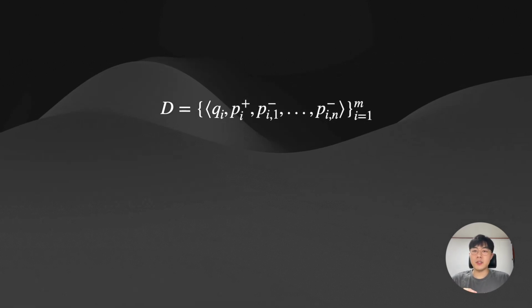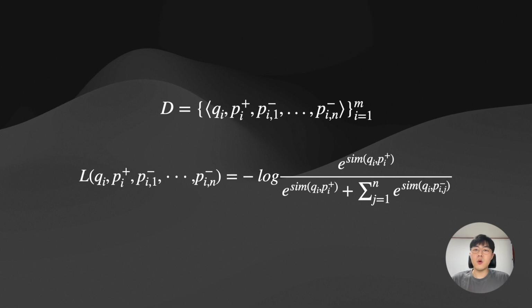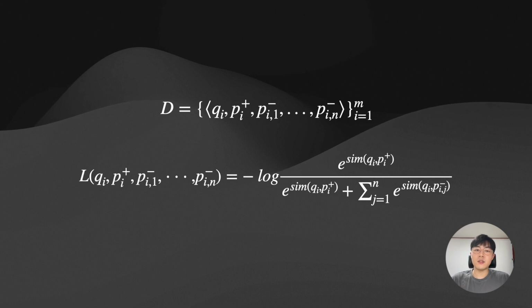From the above equation, you can see that each data instance contains one question paired with one relevant passage along with n irrelevant passages. The goal is to create a vector space such that relevant pairs of questions and passages will have smaller distance than the irrelevant ones by optimizing the given loss function.